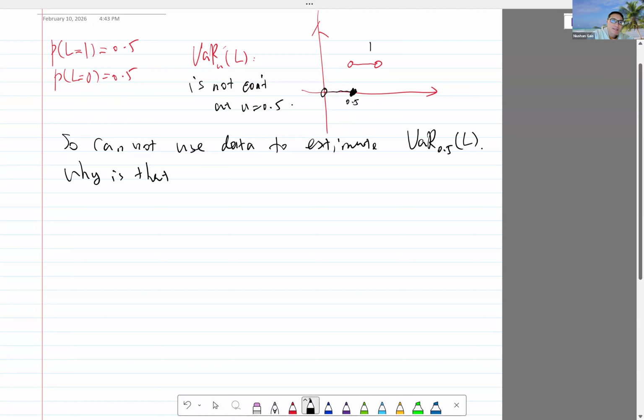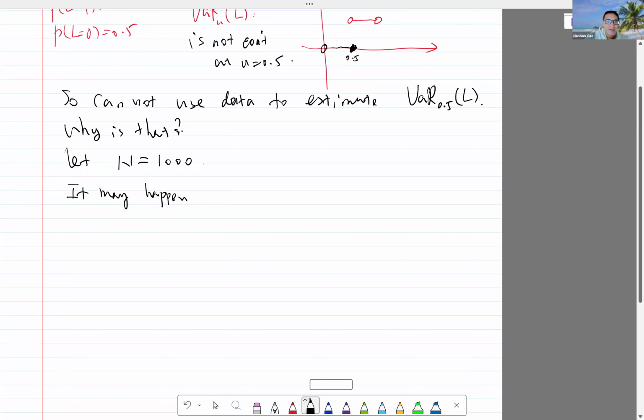Why is that? Let's say n equals 1,000. You simulate 1,000 data. Flip a coin 1,000 times. Because it's a fair coin, you may have, let's say, how many hits?